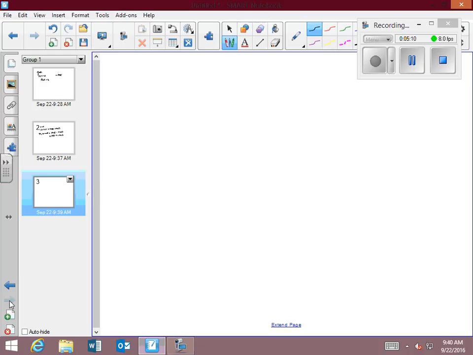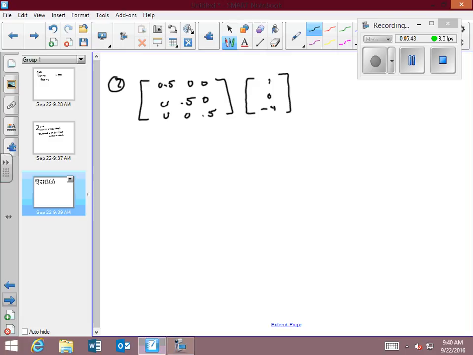So when you do that, you just set your matrix up. And then you multiply it by the u. And then when you do that multiplication, it's the first row times the column.